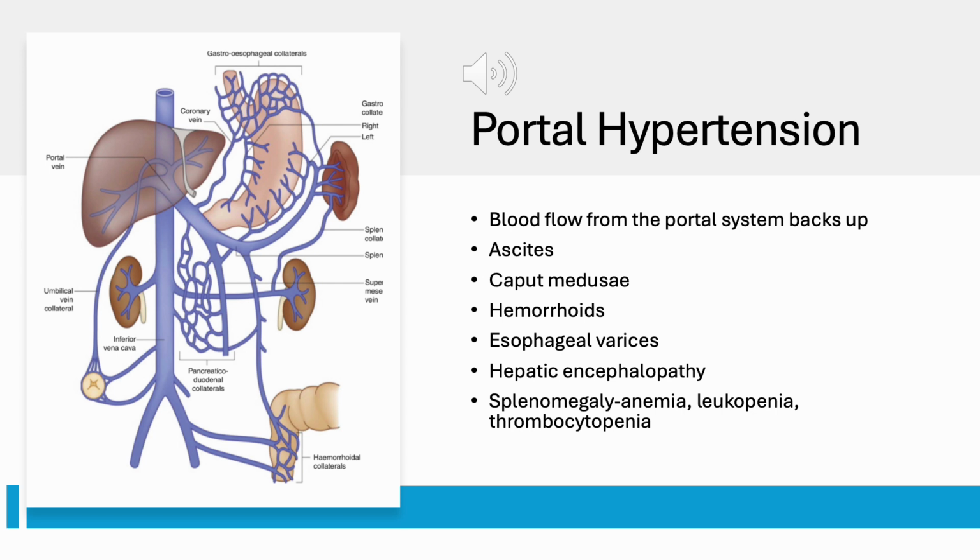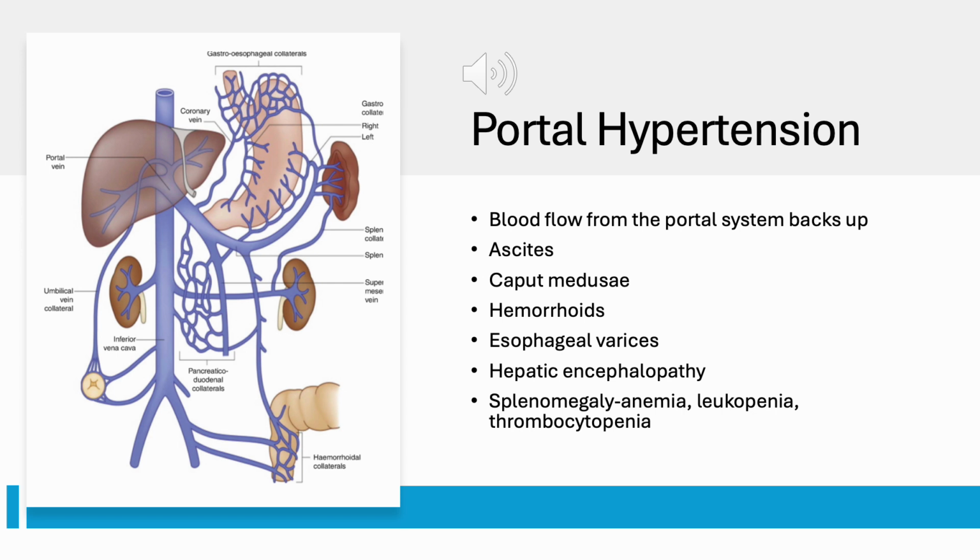If you look at this picture here, you can see where the blood is backing up. So, for example, if you start at the top of the stomach here, this is the lower end of the esophagus, your patient can develop esophageal varices. Varices are very weak veins, and they can burst, okay? That's why your patient with cirrhosis needs to eat soft food.